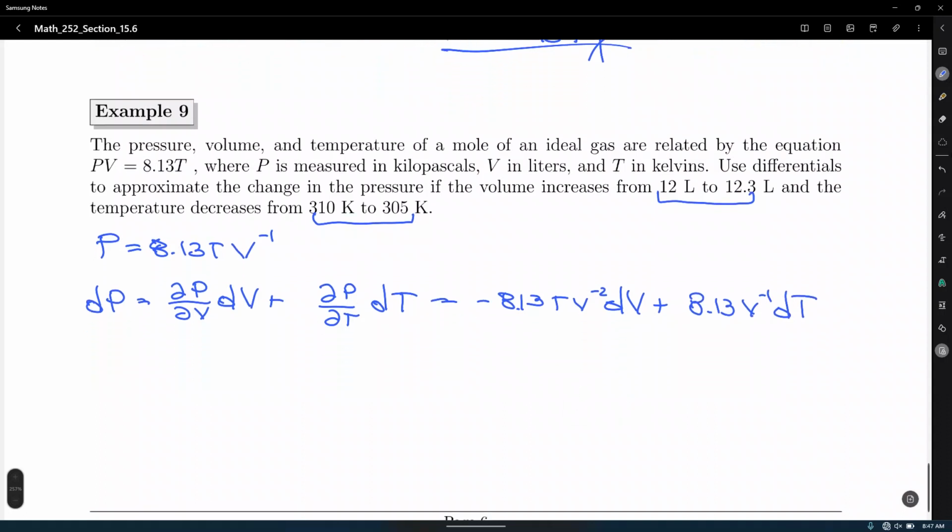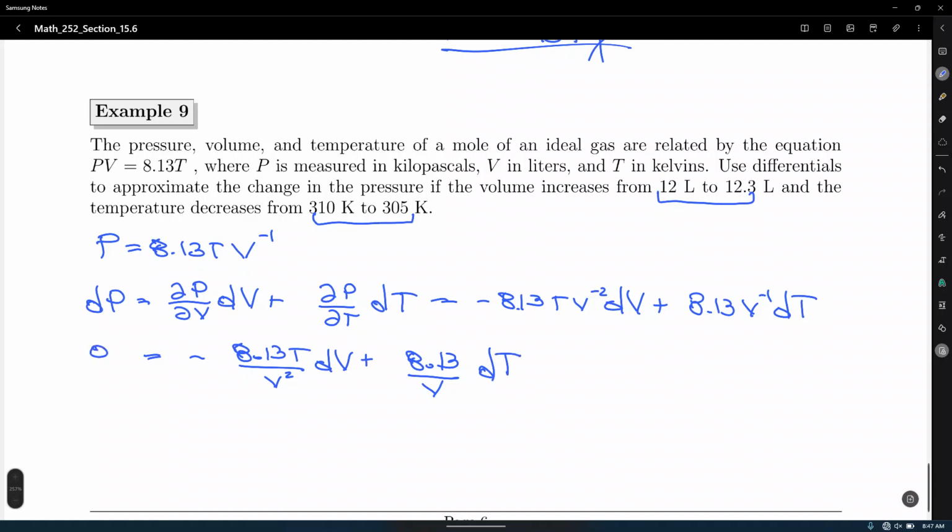Okay, so let's clean this up a little bit. That is negative 8.13 T over V squared dV plus 8.13 over V times dT.